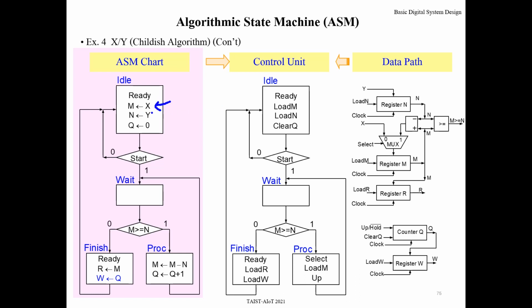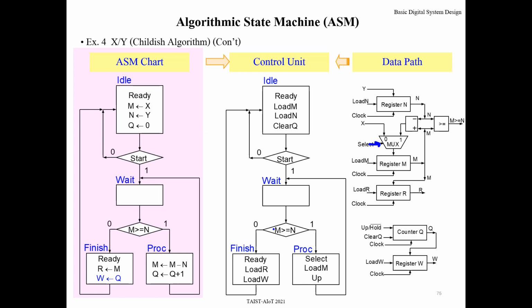For example, this one X, okay, value X load to M. That means load M must be active. Okay, Y to N, that means load N must be active. Okay, clear Q to 0, that means you must clear Q. Okay, then clear Q must be active. Okay, at this state again load M active and count up. Okay, up active and select. Okay, select this from multiplexer.